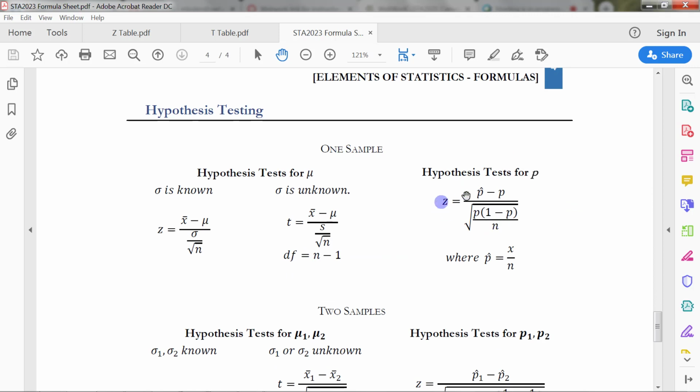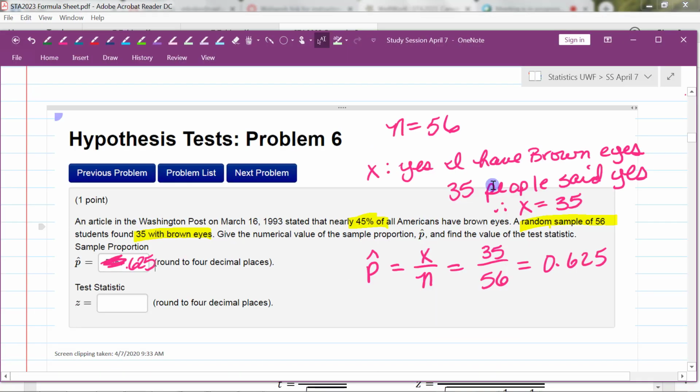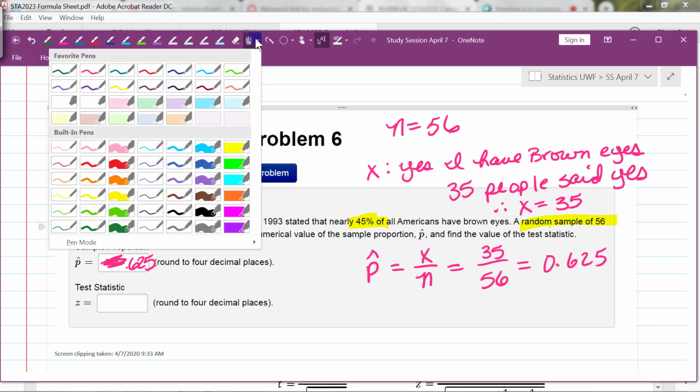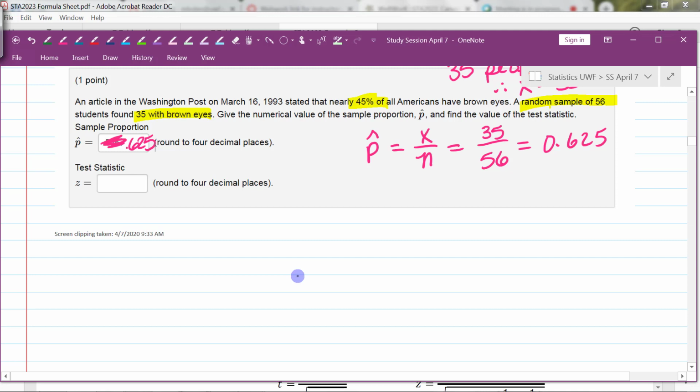Z is going to be equal to P hat minus P divided by the square root of PQ divided by N. So let's go ahead and write that in there. So Z is equal to P hat minus P divided by the square root of PQ divided by N. Now, P is equal to 0.45.